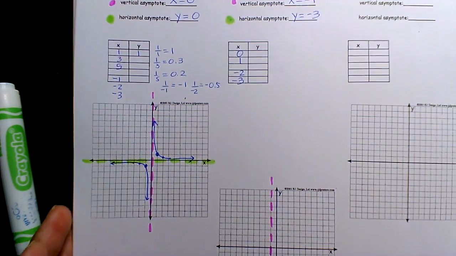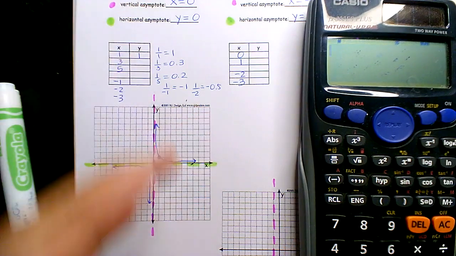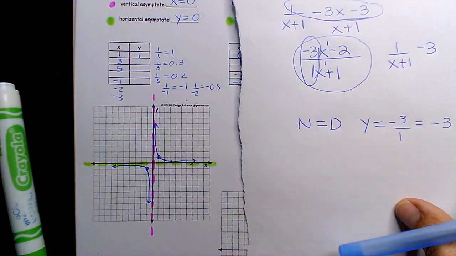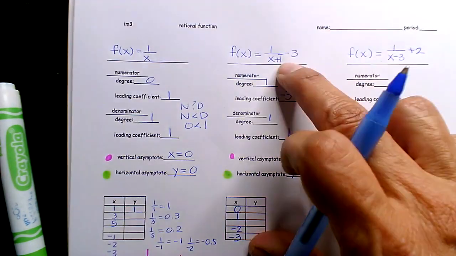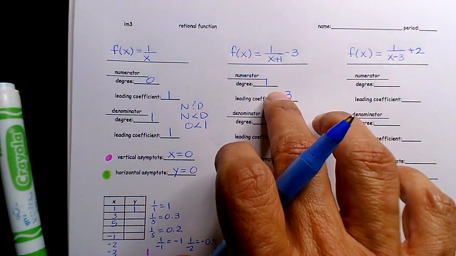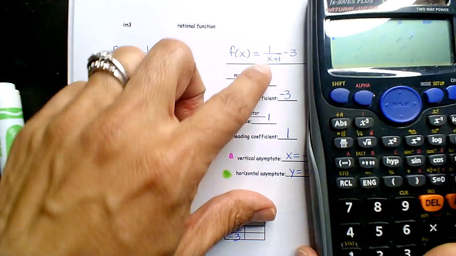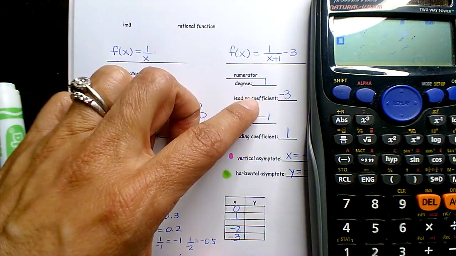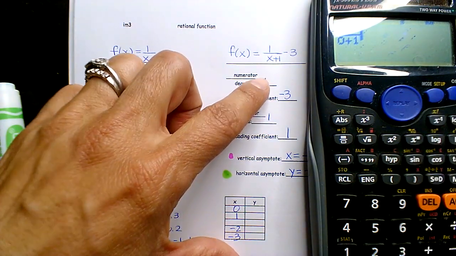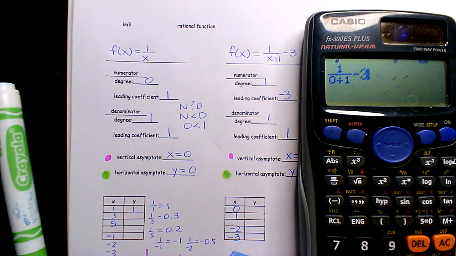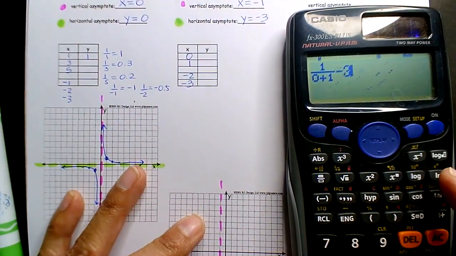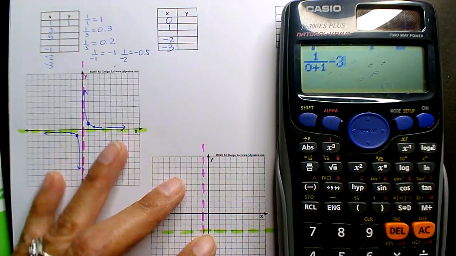Okay, if I grab a calculator, now it's up to you. You can use this, or you can use the one from the top. The top? Okay. Let me type 1 over x plus 1 minus 3. I plug in 0.